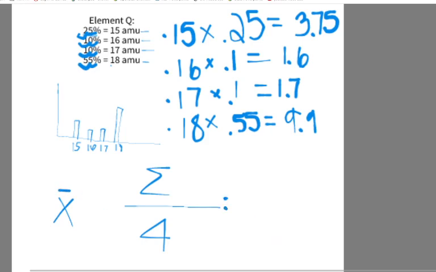So we're going to add up all of these numbers right here, 9.9 plus 1.7 plus 1.6 plus 3.75. Go ahead and do that math. And I believe you should have got 16.95, but you always should check your work twice.